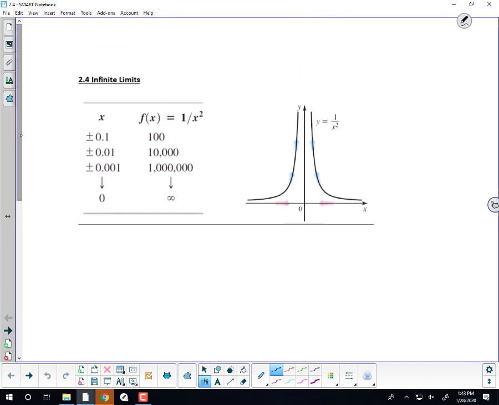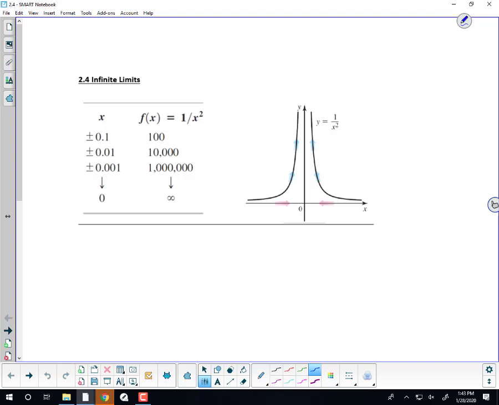So an infinite limit is, let's write this out, and what we see here, in this specific example anyways, x is getting closer and closer to 0, and the y values are getting larger and larger in the positive sense.